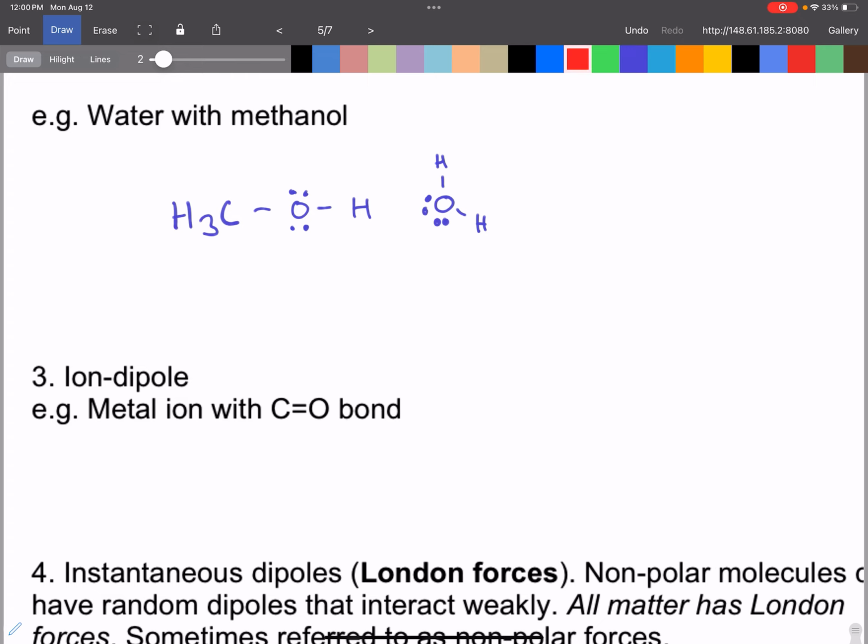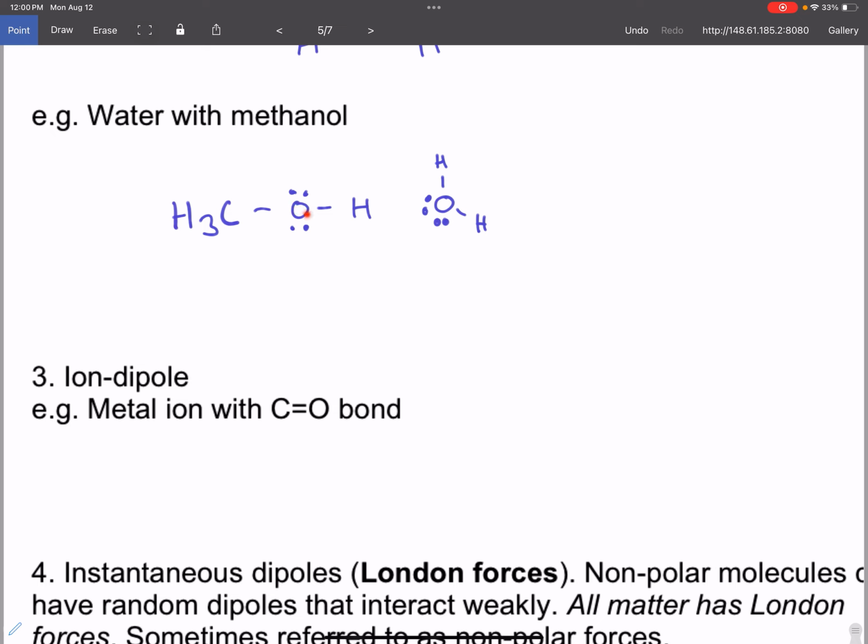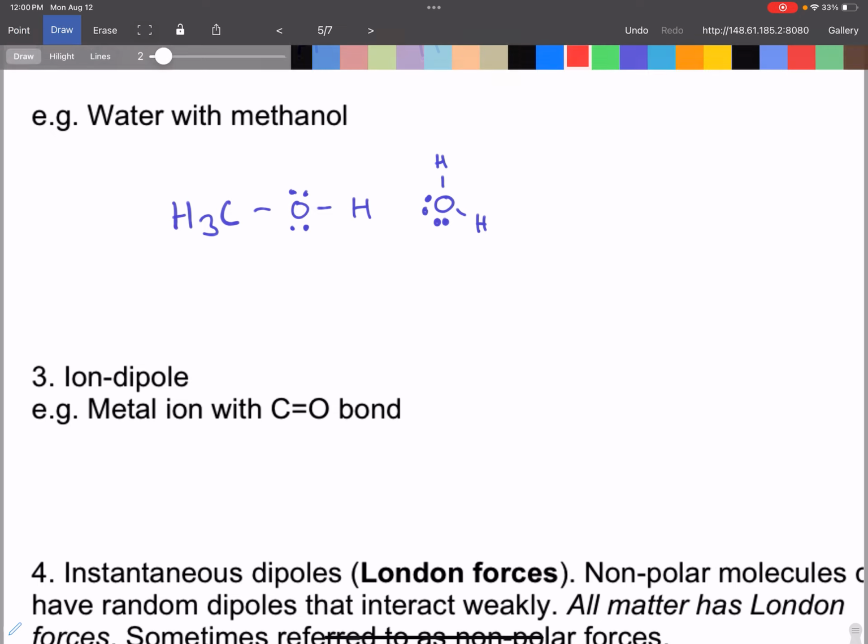Again, because this oxygen is pulling electron density away from the hydrogen, this is a partial positive, and the oxygen on water is a partial negative. So they can have a hydrogen bond like this.